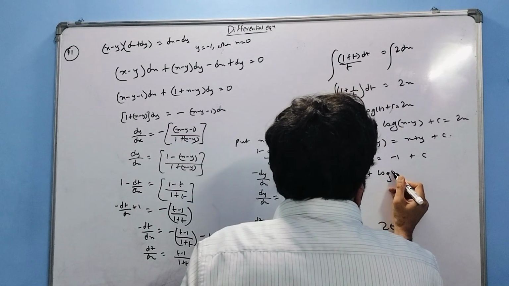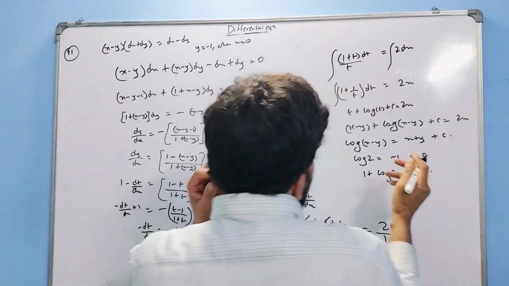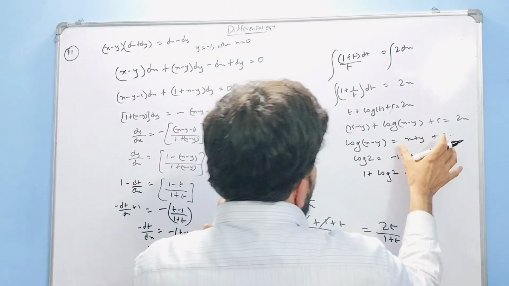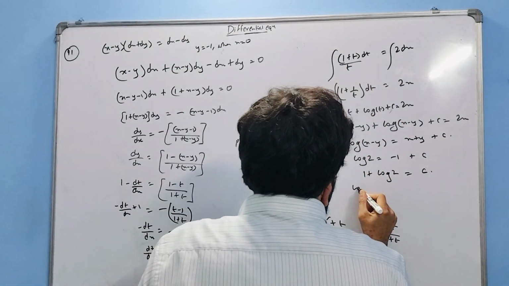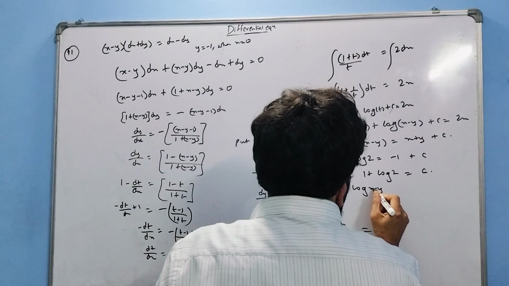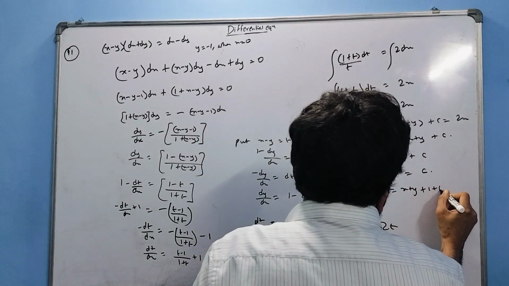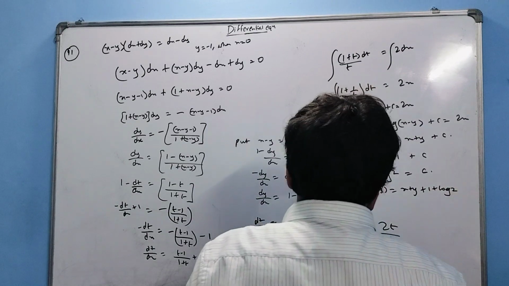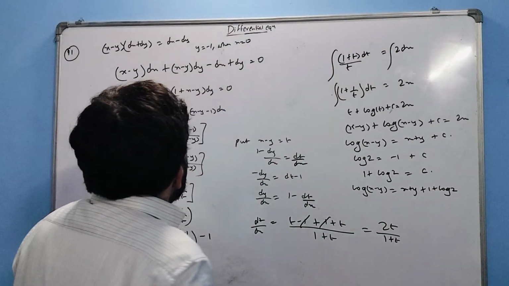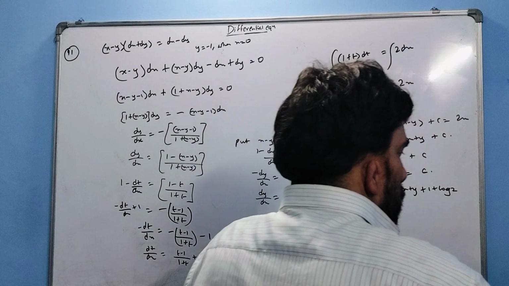So here I can put my value. So I got log of x minus y is equal to x plus y plus 1 plus log of 2. So that is how we were able to solve that question.